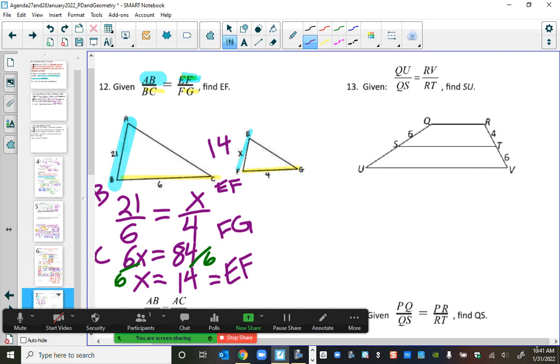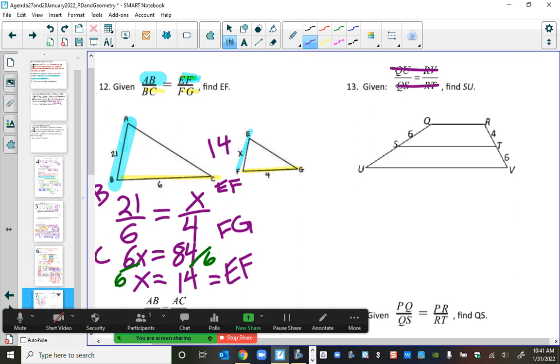I wrote this wrong. Let's work it out. I got an idea. Actually, I'm going to fix this up a little. I'm going to rewrite the proportion, because we didn't get to this part yet. Here's our new proportion. So disregard this.